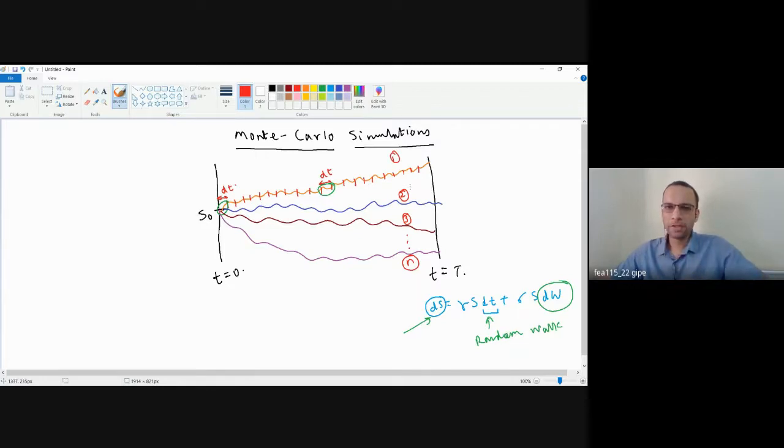Now, once I have these simulated paths ready, I can use them for a variety of applications. A few applications can be option pricing, something which we'll do anyway. Then I may also want to use this for my value at risk calculation. We'll talk a bit about VaR at a later point, but it can be used for VaR as well. This can be used for stress testing, something which a regulator expects as well.